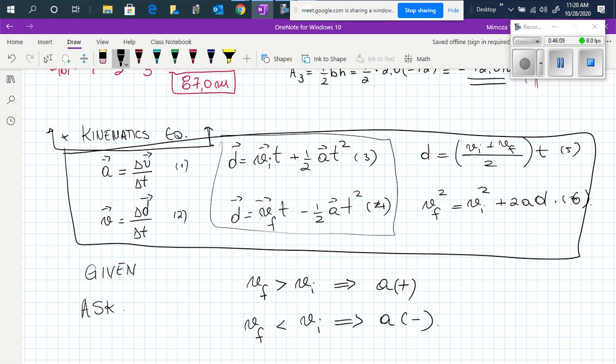The equations that I use the most are equation 3 and equation 4, and you can generate everything that you need to know from those equations, along with the acceleration and the velocity.